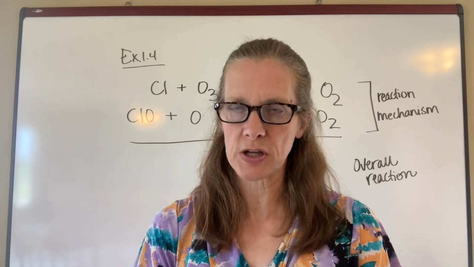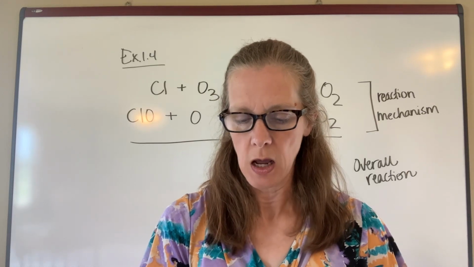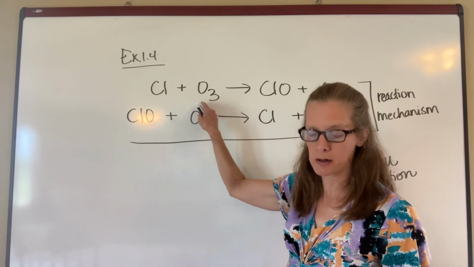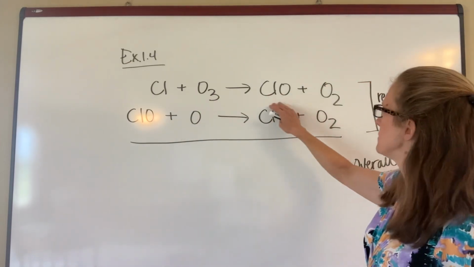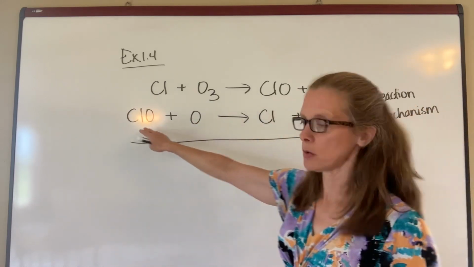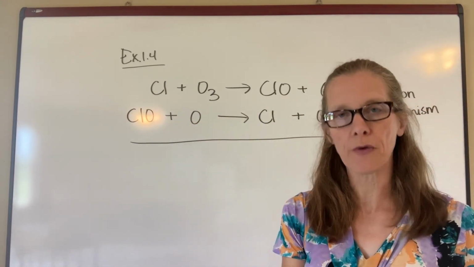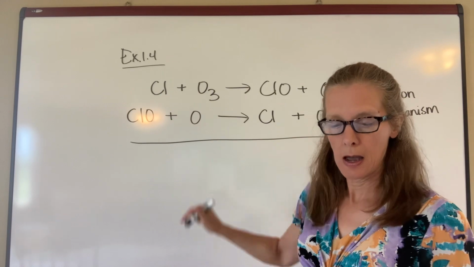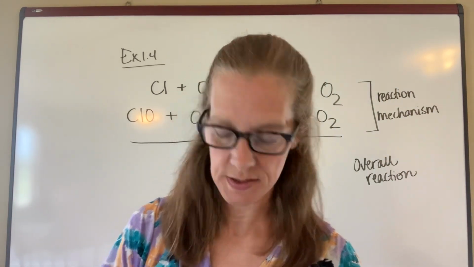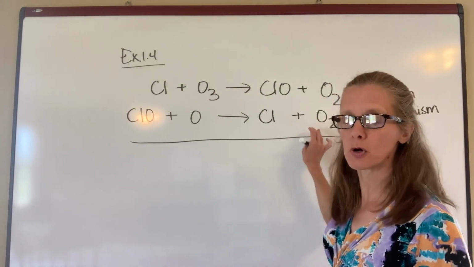So that's where we're picking that reaction up. I have a chlorine atom that's hit by an ozone molecule, and then it gives me these products. I then take the ClO and hit that one with a free oxygen atom, and it's then going to form chlorine plus oxygen in the form of O2.